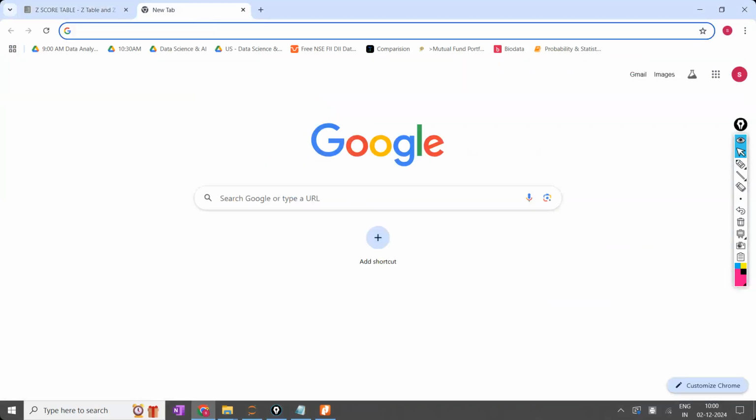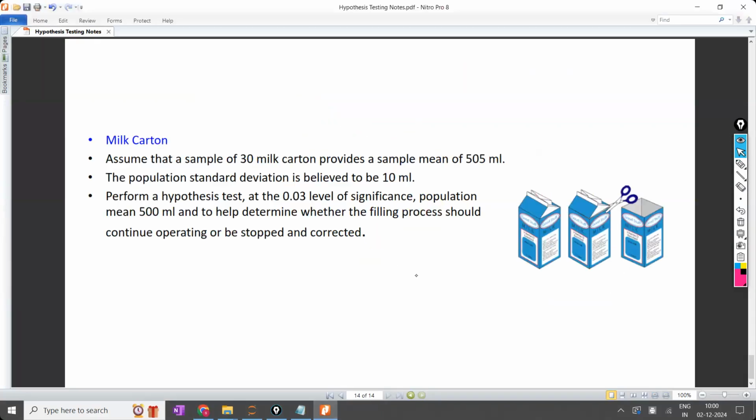Sir, where are we going to get this type of questions, whatever you are going to show now in Python? This type of questions you will get in the certification. The 3 examples we have just completed, these types of questions you will get in the certification or in the exam, for example, the TCS data analytics exam.